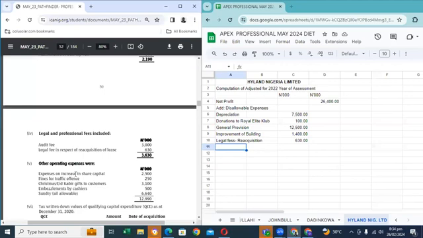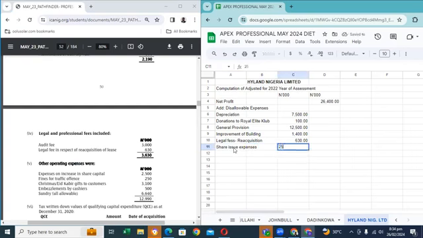Okay, sir. So other operating expenses. Expenses on increase in share capital is disallowed. So share issue expenses. How much is that? 2.5. Fines is disallowed. Fine for traffic offense.